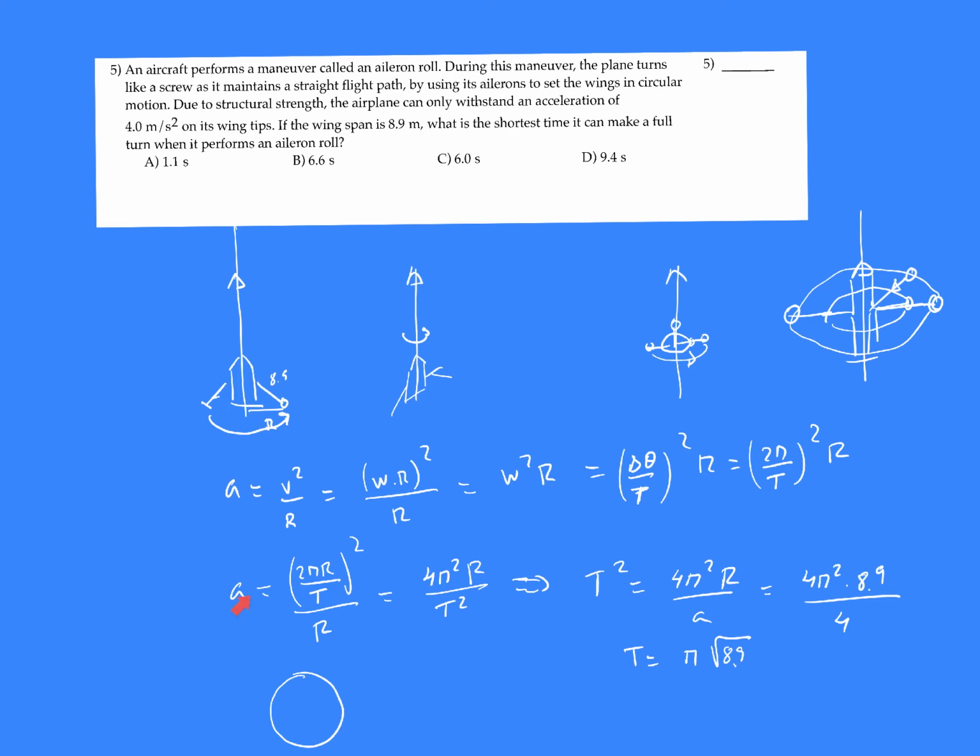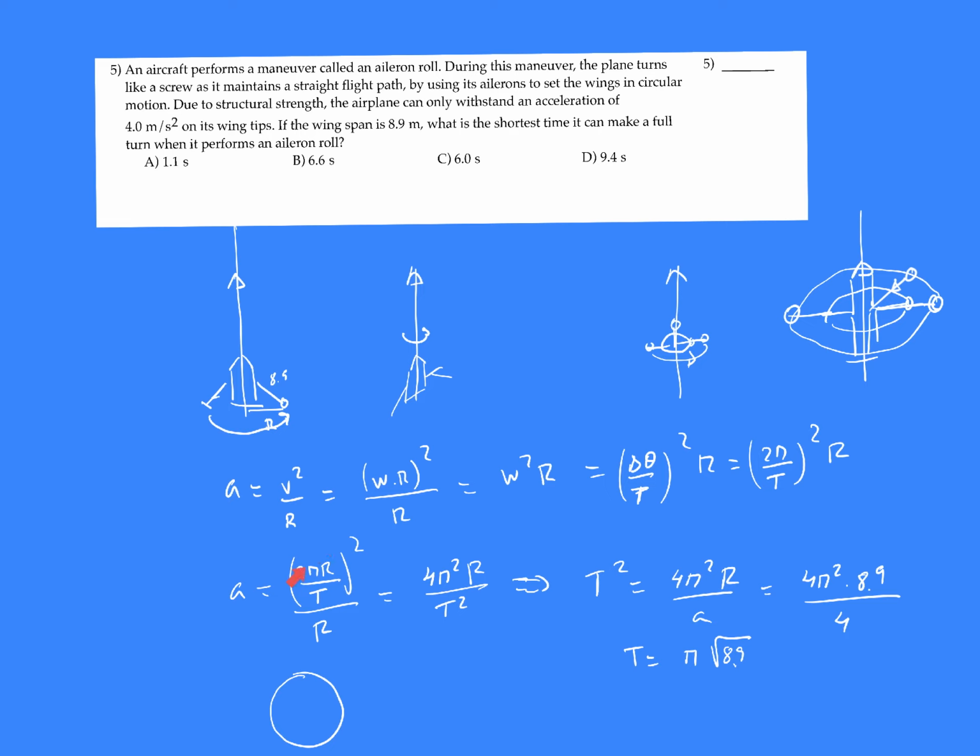The other way is to use the same equation differently. The acceleration is v squared divided by r. The velocity is the distance traveled, the circumference 2 pi r, divided by the time it takes to move that length around the circle.